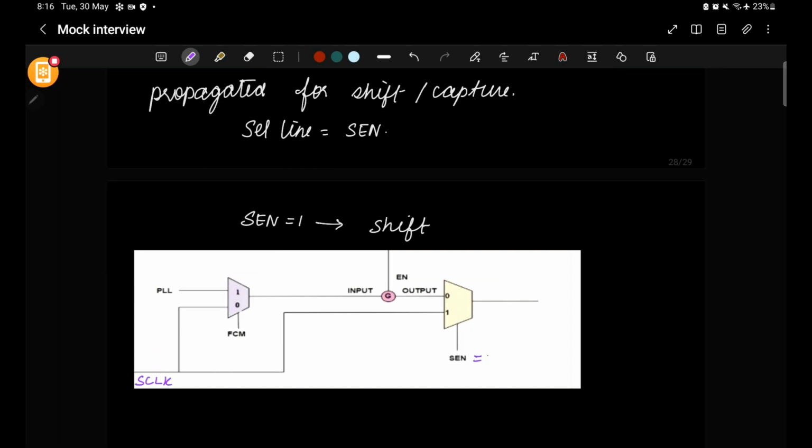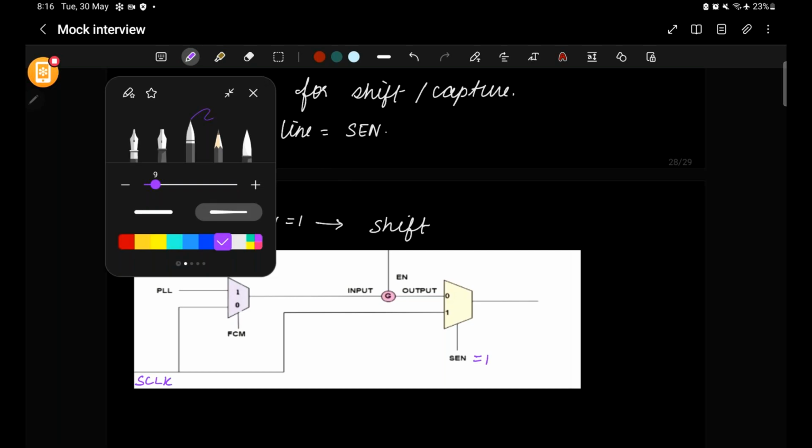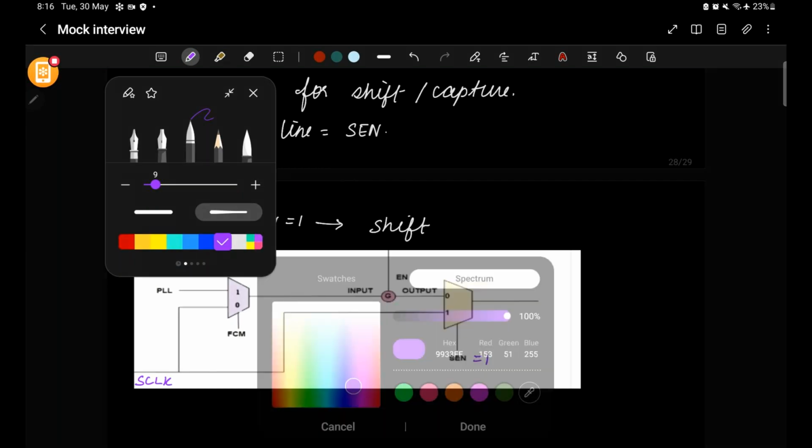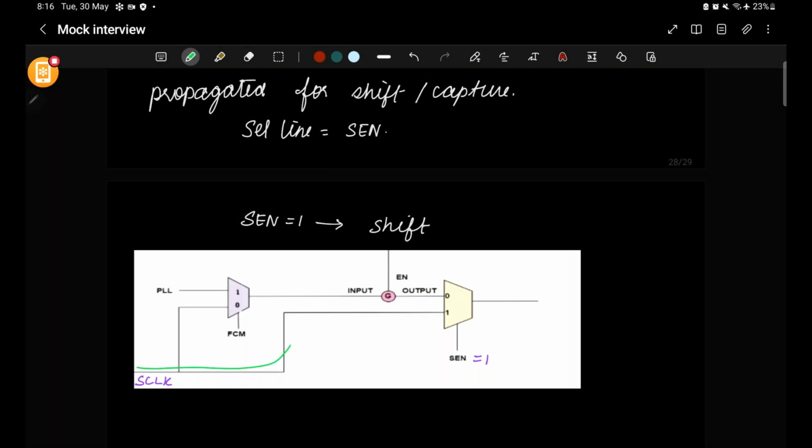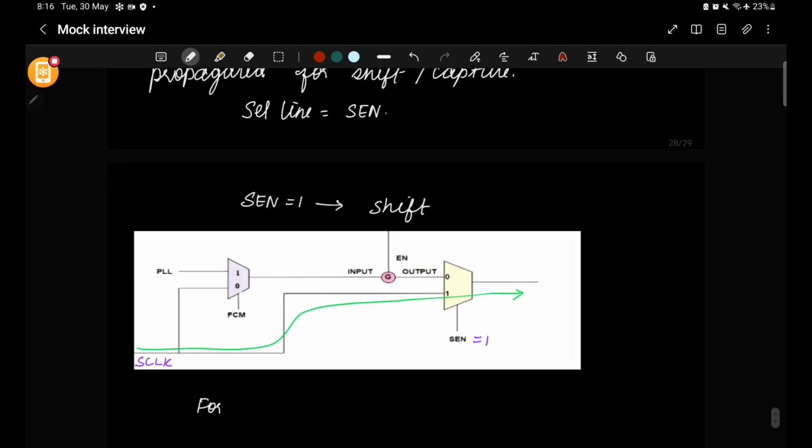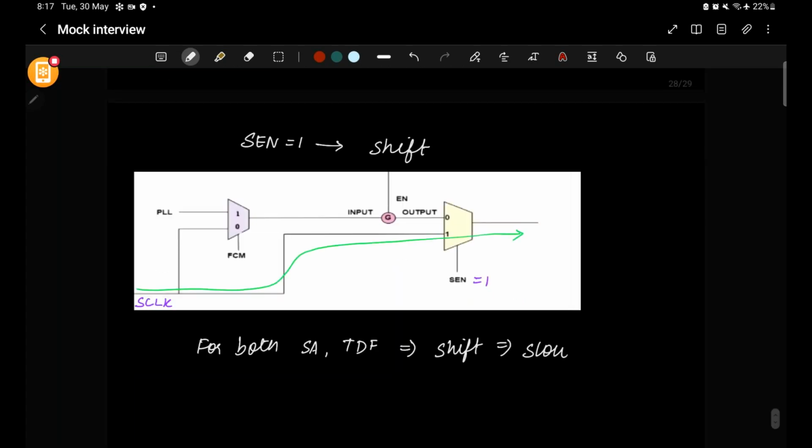So what is getting propagated? Slow clock will be propagated. Okay, so during shift, for both stuck-at and TDF, during the shift phase, slow frequency clock will be propagated.